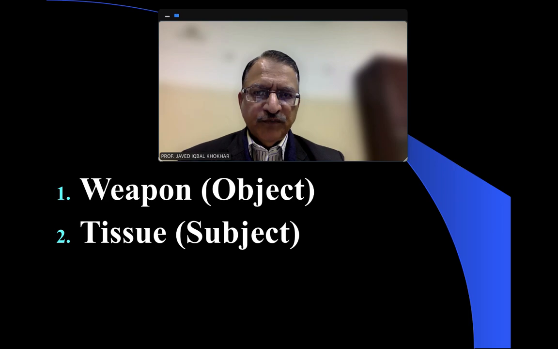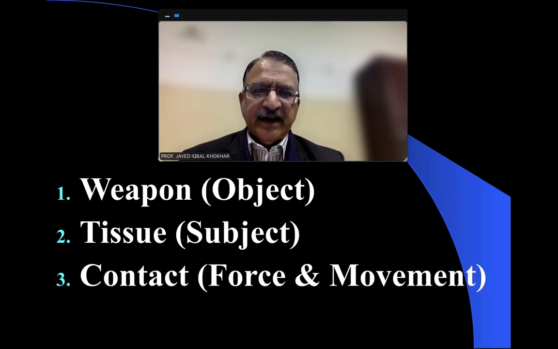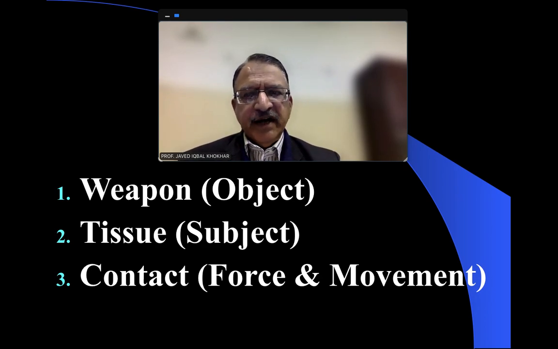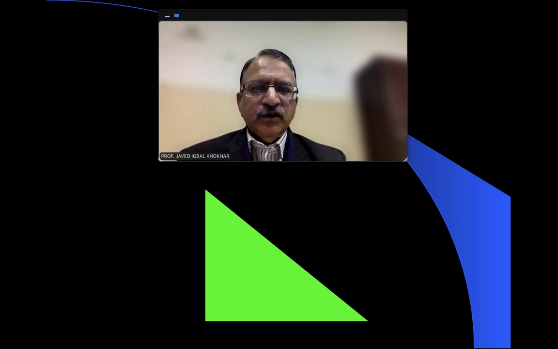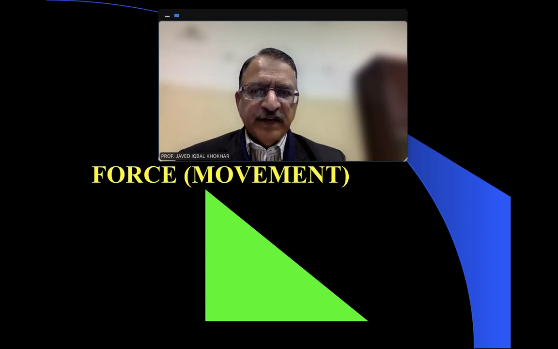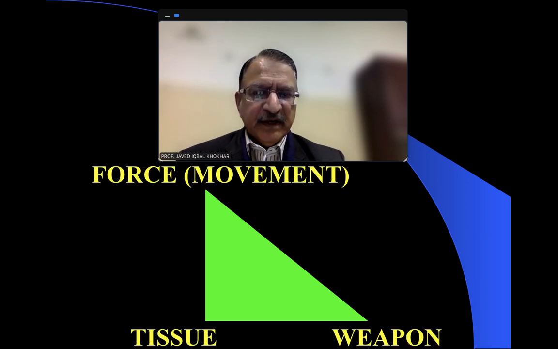The tissue, the subject where it is going to strike. And the contact, that means the contact area. With the force and movement, the contact area will cause that injury. So force and movement, weapon, and tissue, they are three components, they will cause trauma.